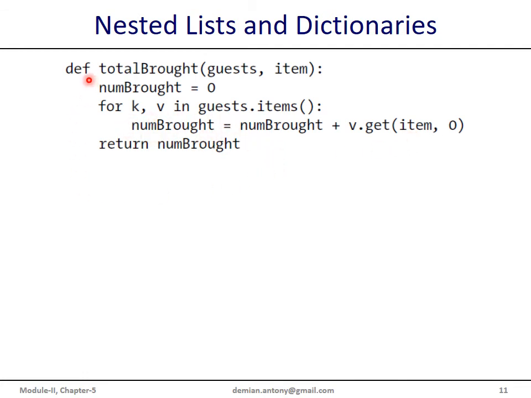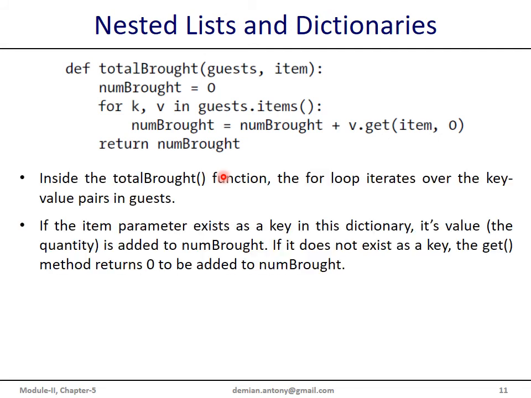And we need to call this function for each of the items. Let us say how many sandwiches are available at the picnic spot. We need to pass the data structure as well as sandwich as an item, and this will return the total sandwiches that are available for the lunch or whatever.